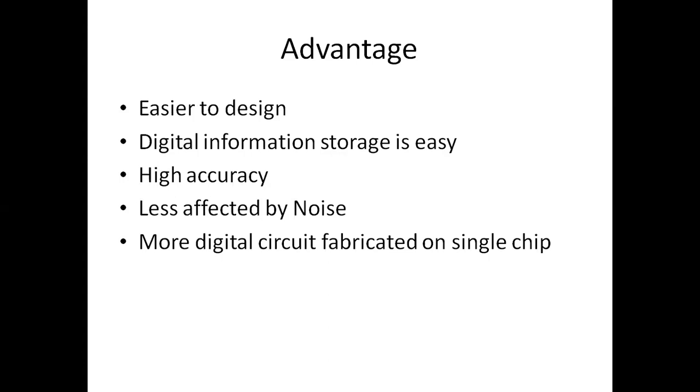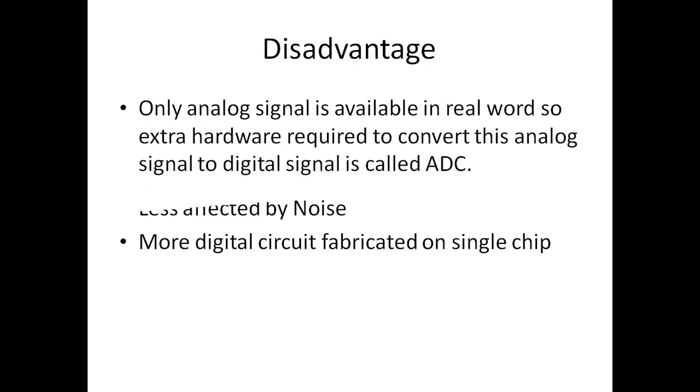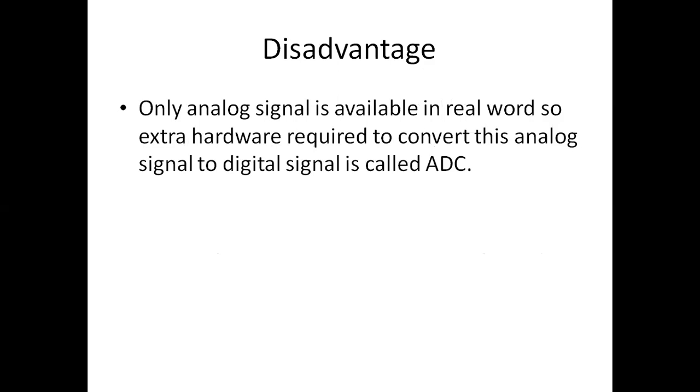Before the 90s, the computer was very large, but now the size of a computer is very small. Why? Using fabrication on a single chip, so many components can be fabricated in a single chip.